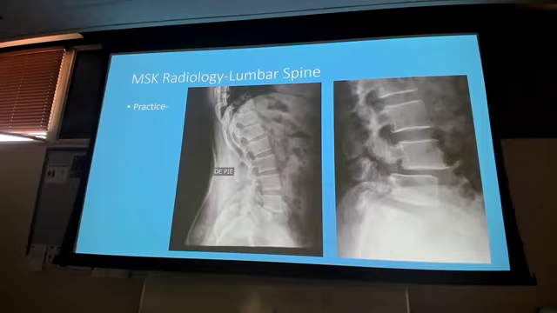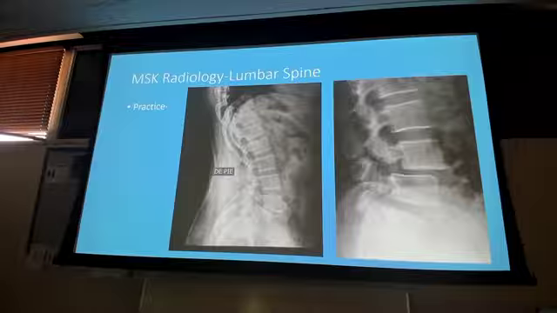Like right here. Well, why do we name this one? We didn't talk about how to count for the lumbar yet, but let's see if you can figure it out. Particularly on the lateral. All right. So what do you think my point of origin I'm gonna use for counting on this one is?